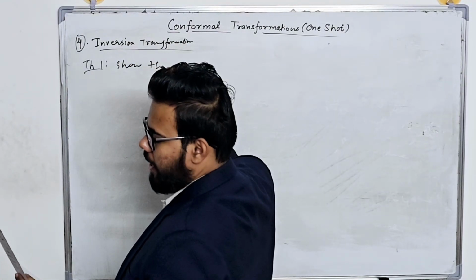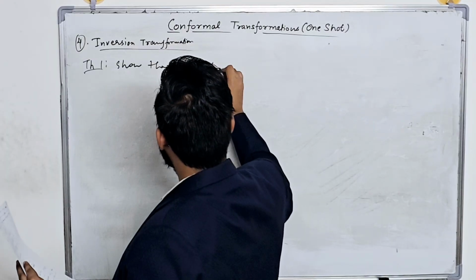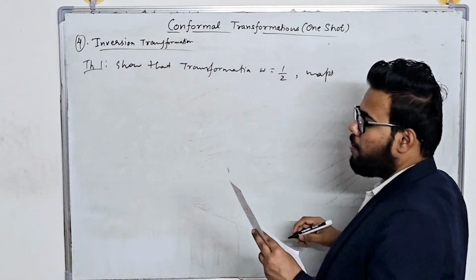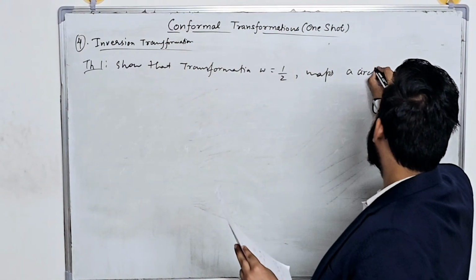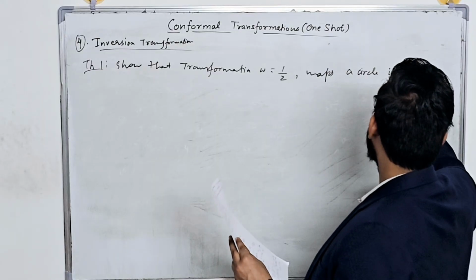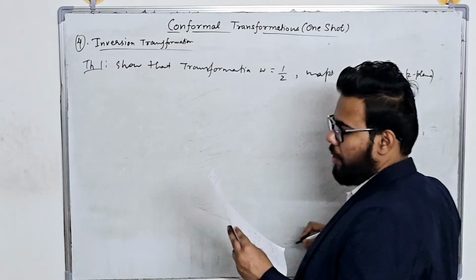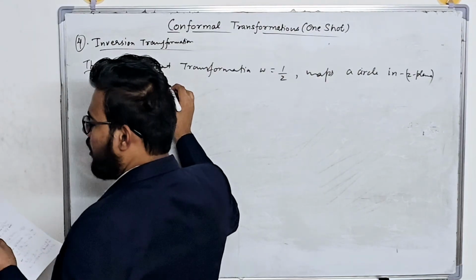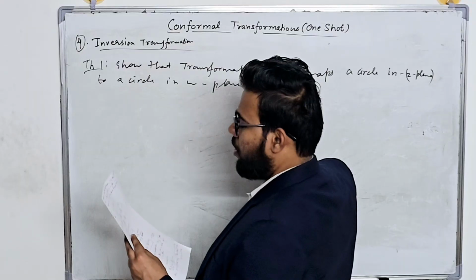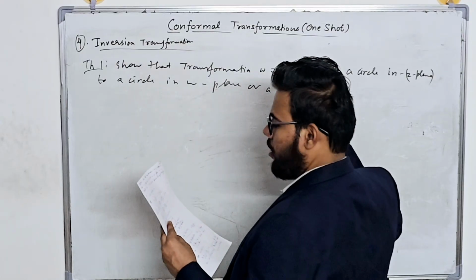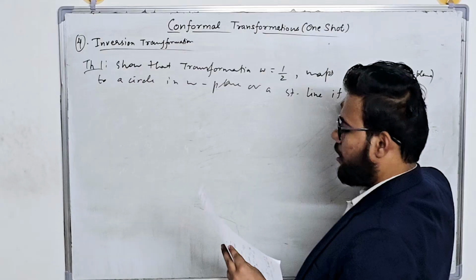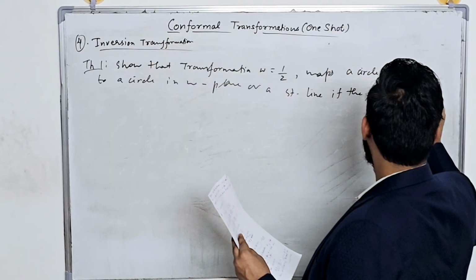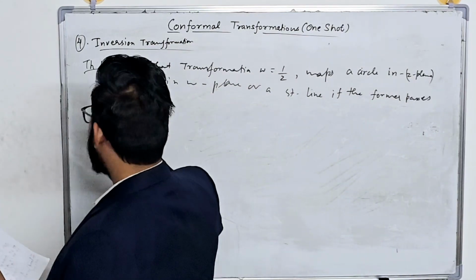Show that the transformation w is equal to 1 upon z maps a circle in z plane to a circle in w plane, or a straight line if the former passes through origin.